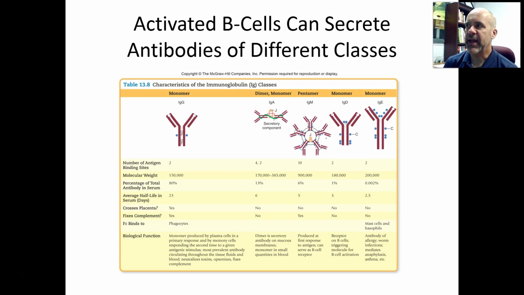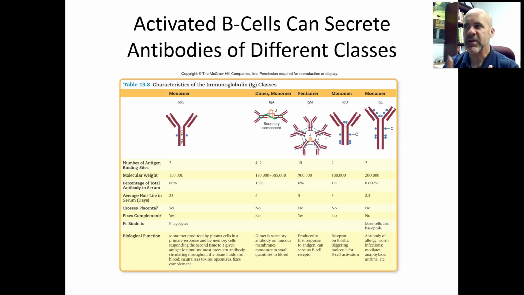All right, another concept with antibodies is they don't all look alike. There are different classes of antibodies that can have somewhat different functions and locations where they carry out their business. One concept that's important: if a B cell gets stimulated, goes through all that rigmarole we talked about in the last video lecture, and goes on to make plasma cells, so the clones expand out and convert into plasma cells, the plasma cells start secreting antibodies.